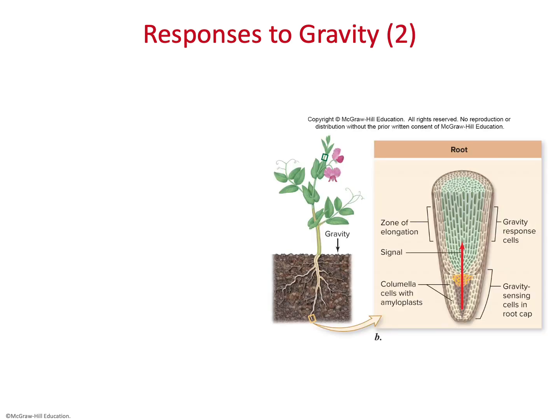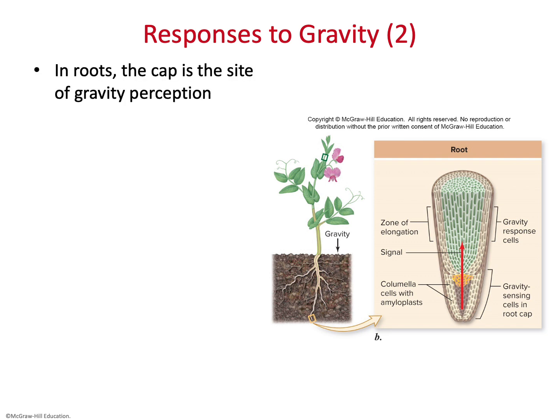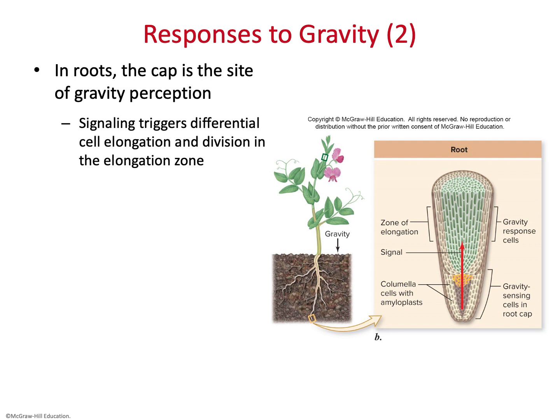Currently researchers are debating the steps involved in the perception of gravity, because in shoots gravity is sensed along the length of the stems in endodermis cells, and signaling occurs towards the outer epidermal cells. But in roots the cap is the site of gravity perception, and a signal must trigger differential cell elongation in the elongation zone for the root to grow towards gravity.